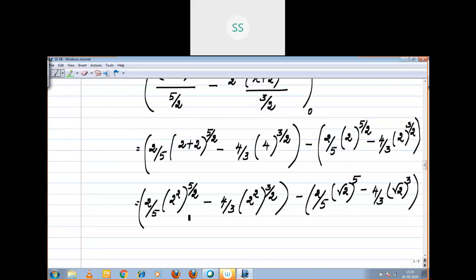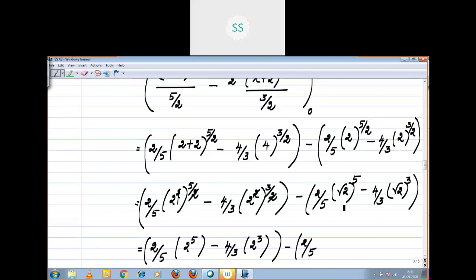For our convenience we are modifying, right? 2 cancel, 2 cancel. Then what can you get? 2 by 5 into 2 power 5 minus 4 by 3 into 2 power 3, minus 2 by 5 into root 2 into root 2. 5 times you have to put root 2 into root 2, which is 2.